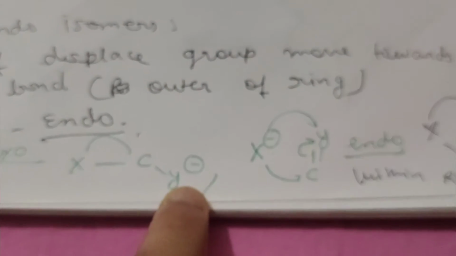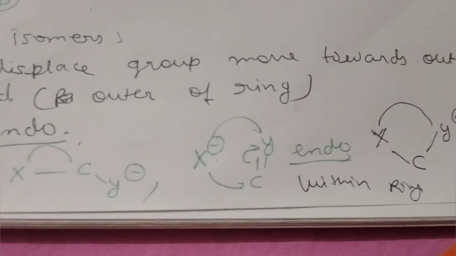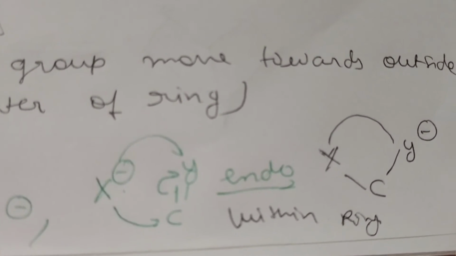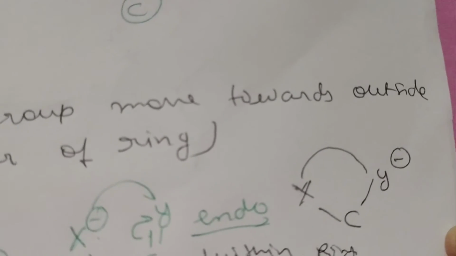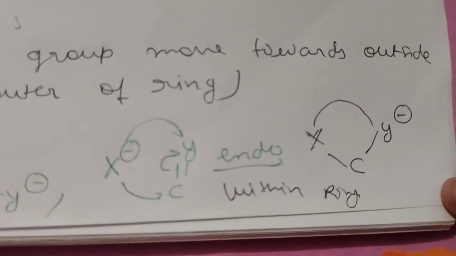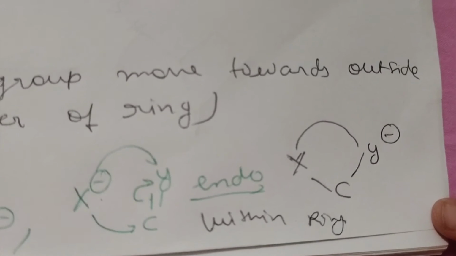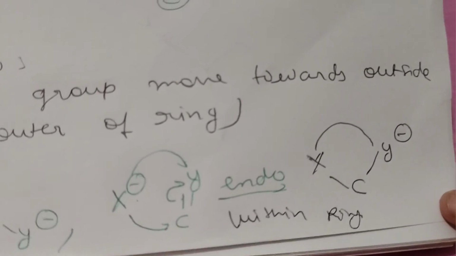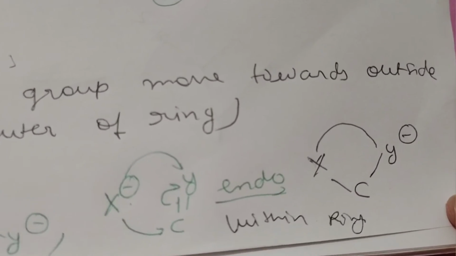Now endo, you just see over here. What is endo? You see X negative and the C double bond Y. It will be shifted within the ring. Finally we will get one cyclic compound which carries Y negative, and this kind of bond is known as endo.